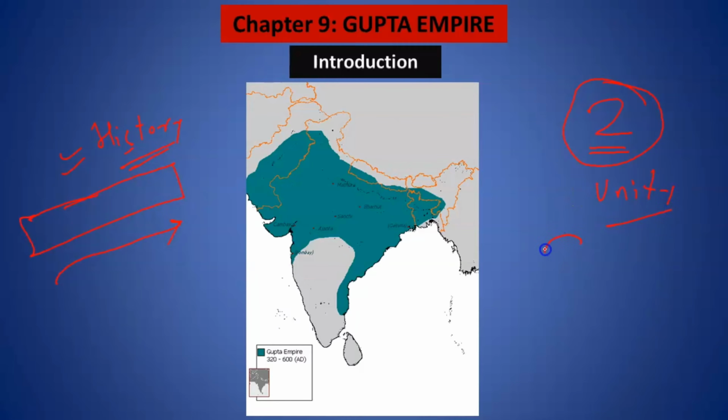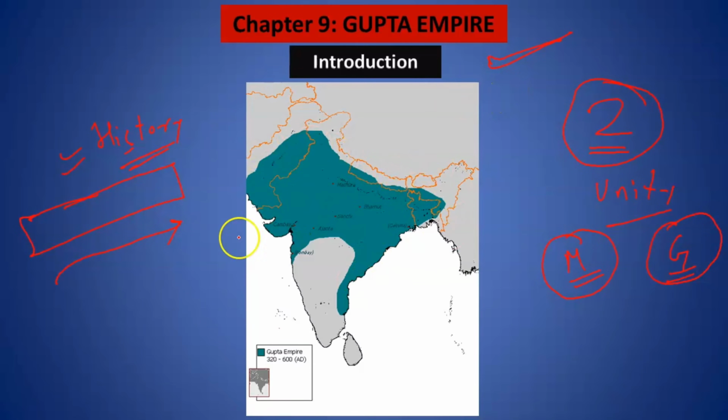Once it happened during the Mauryan time, and for the second time it will happen during the Gupta period. And hence now we will study about the Gupta Empire in this chapter.